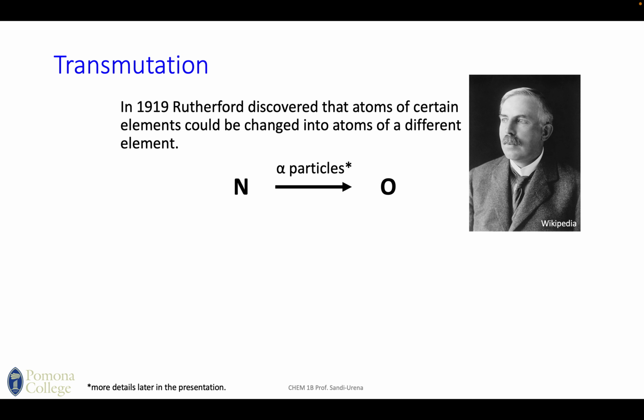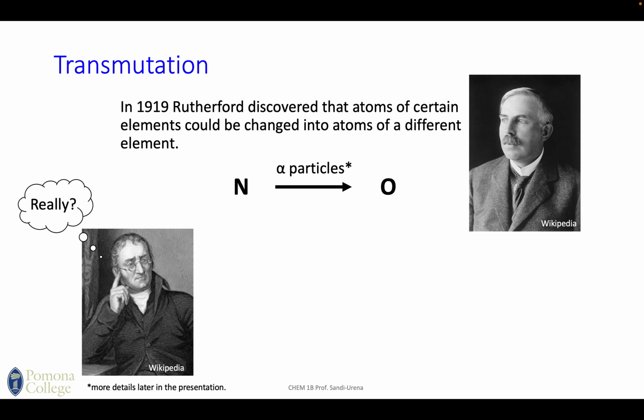A few years later, Rutherford noticed that a certain type of nitrogen atoms could be converted into oxygen when he bombarded them with alpha particles. This was revelatory because what they knew from Dalton's atomic theory, and one of the things that he says, is that atoms of one element cannot be converted into atoms of a different element.